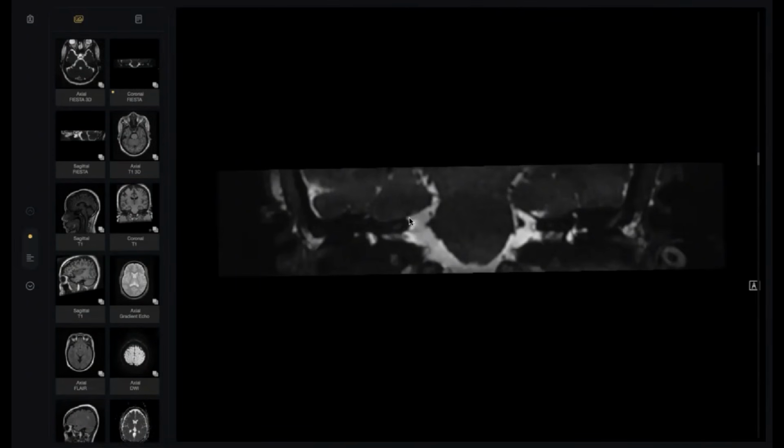It is highly specific for the CP angle and trigeminal to detect these very small structures. So it is logical that after that you see the axial of this FIESTA or CISS. Both names are the same, but one is for Philips and one for Siemens. Ask for the same CISS but in another plane.